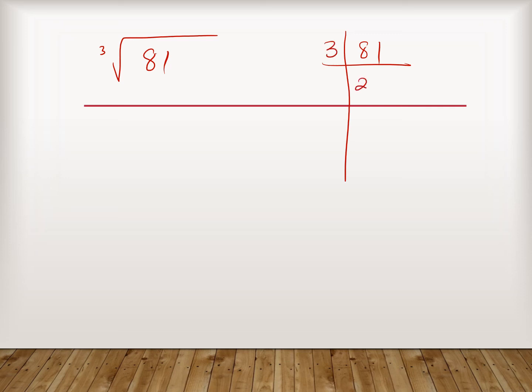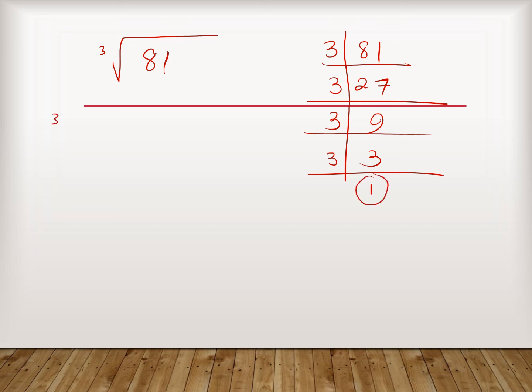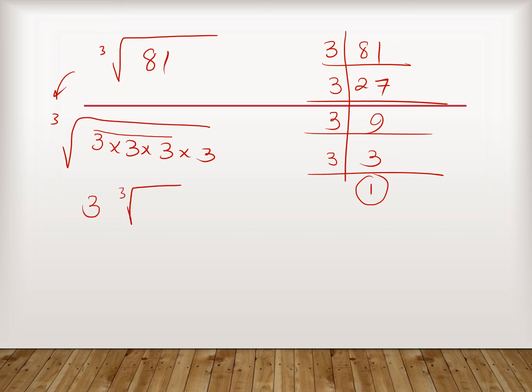So 3 times 27 gives you 81, 3 times 9 gives you 27, 3 times 3 gives you 9, and 3 times 1 gives you 3. Now write it down: 3 times 3 times 3 times 3. What is the index? The index is 3, so you have to make a group of 3. Here one group comes outside, and the cube root of this 3 is left inside.